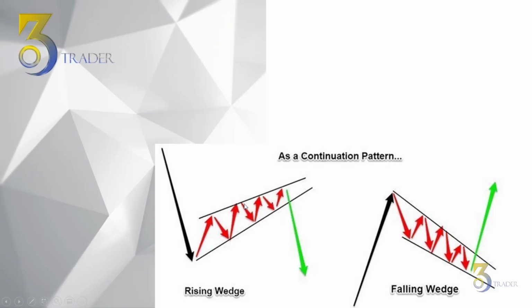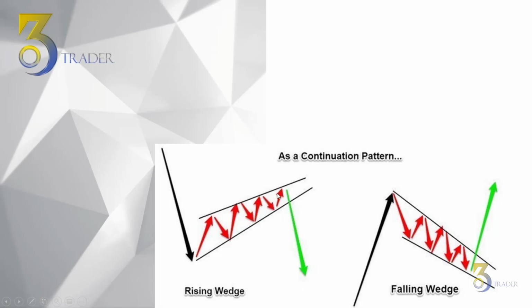So if the wedge is going upwards, as you see here, and the steam is dying down as it's going up, what is it going to do? It's going to go the other way. We're traveling upwards in this rising wedge, but you can see that the resistance, or the buying, is not going quite as high.